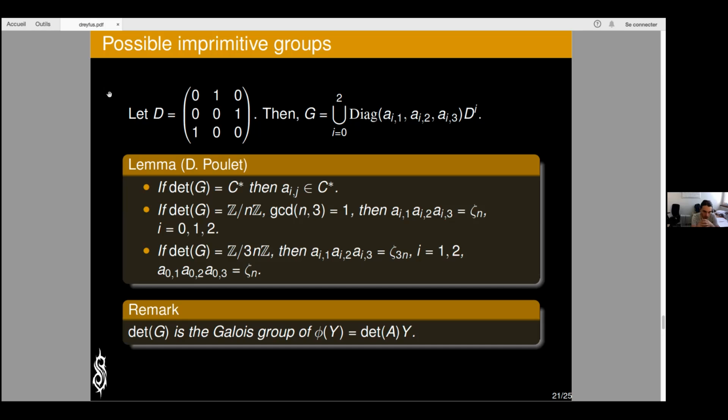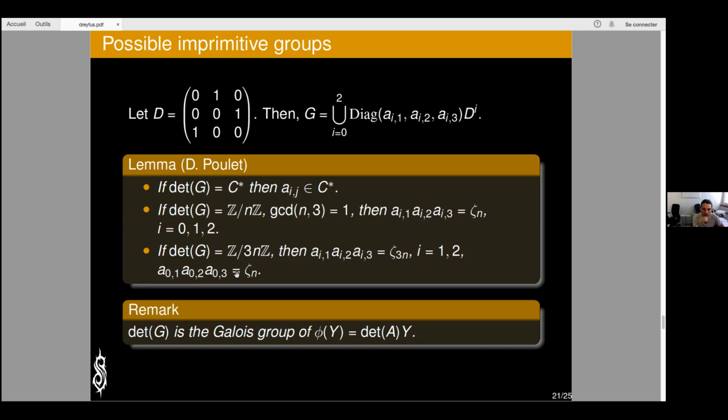The second situation is when the determinant is Z over NZ, and N is co-prime with 3. So in that case, you have this assumption that the product of these 3 elements is a primitive n-th root of unity.